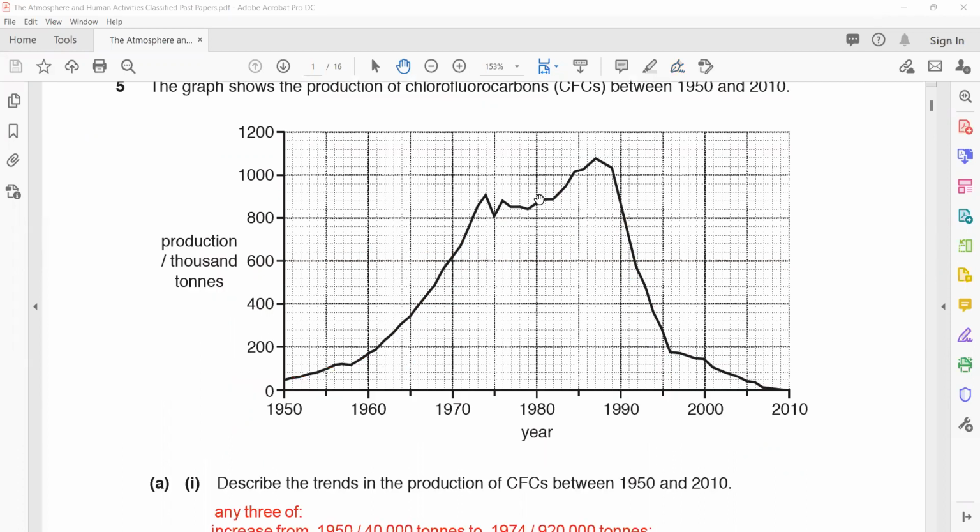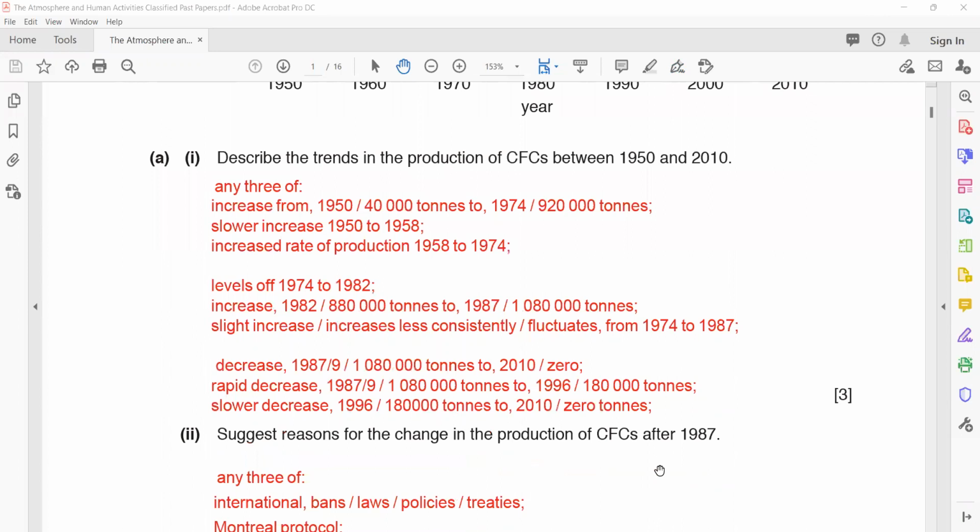So see the first question. They're saying describe the trends in the production of chlorofluorocarbon between 1950 and 2010. As I discussed with you, you can say there is an increase from 1950, at 40,000 tons, and in 1974 it became 920,000 tons.